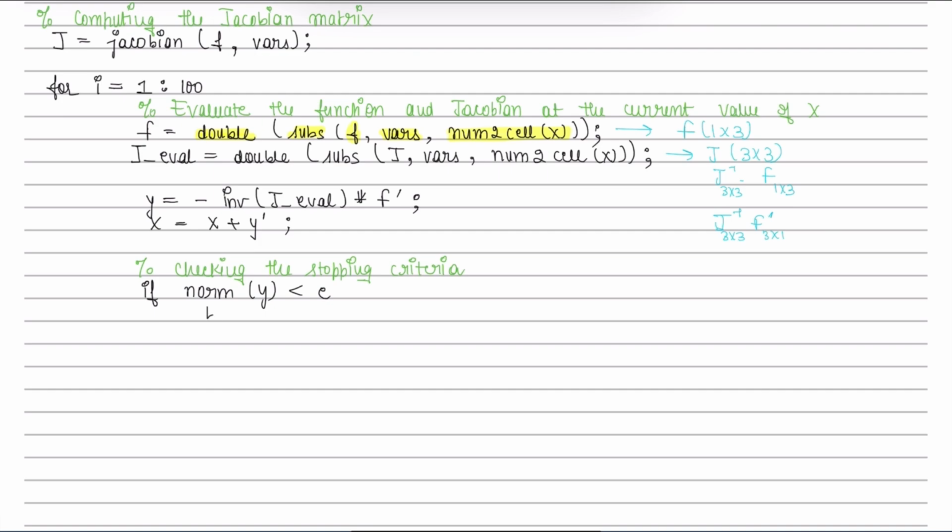If this thing is true, then we will break and get out of the loop. Otherwise, this loop will continue until the stopping criteria is satisfied. In the last, we can use a printing statement to print the final solution.